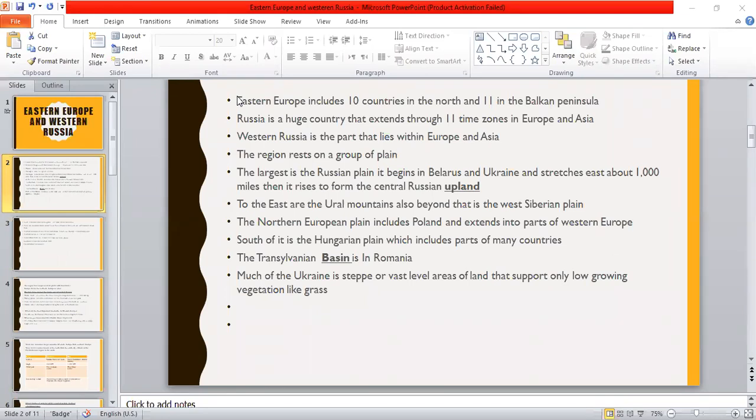We have the Baltic Sea, which is very shallow and brackish. Brackish means very salty. Okay, and we have also the Adriatic Sea, the Ionian Sea, and the Black Sea. And we said that the Black Sea has been playing a very strategic role in the region because it separates Turkey from Ukraine and it borders the southern coast of Ukraine.